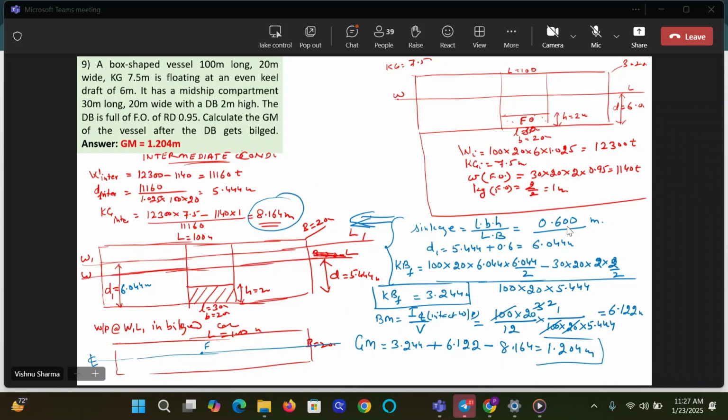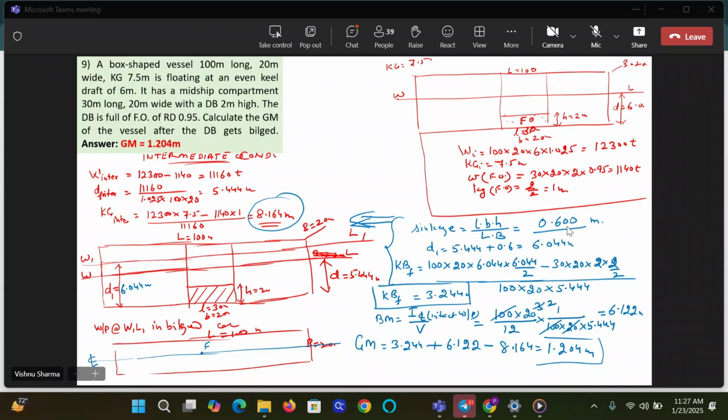So if instead of this oil of RD 0.95, it is carrying seawater of the same density as outside, 1.025, will you be able to solve this question? Will there be a change? Yes, sir. There will be no change in the draft, but the intermediate KG will change, so GM will have a different value.